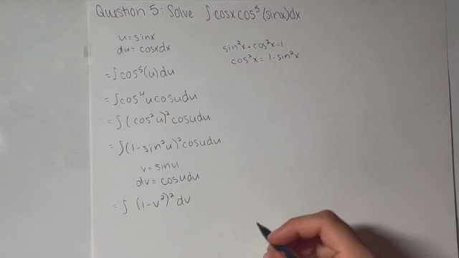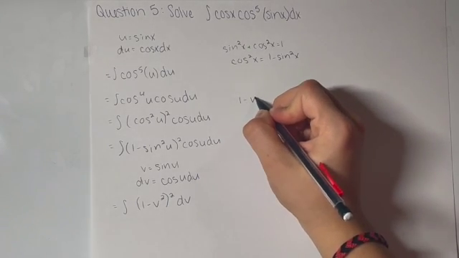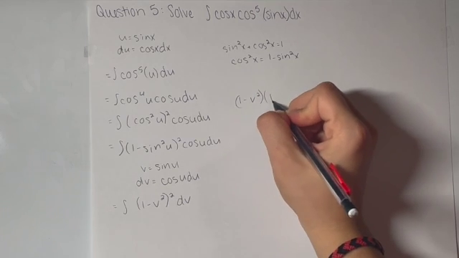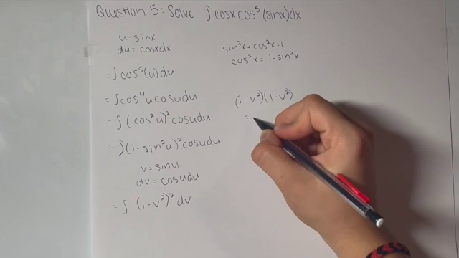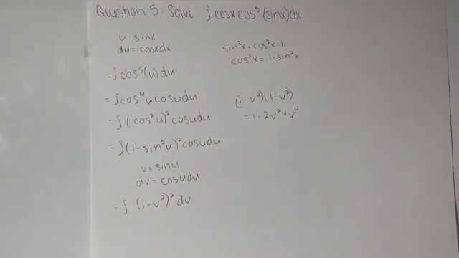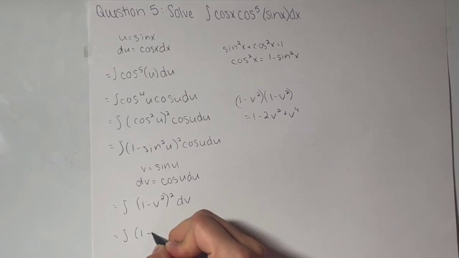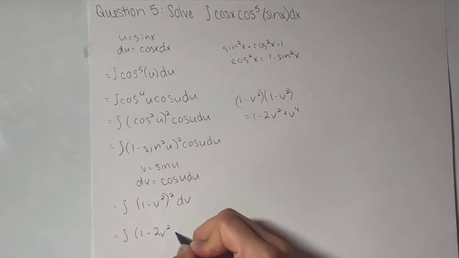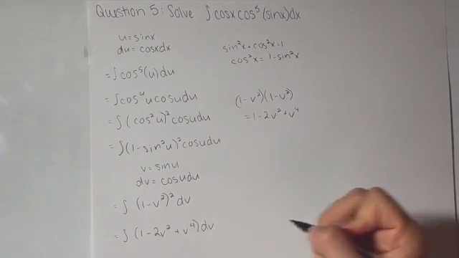When we FOIL this out, we have 1 minus v squared times 1 minus v squared. We get 1 minus 2v squared plus v to the 4th, which then gives us the integral of 1 minus 2v squared plus v to the 4th dv.